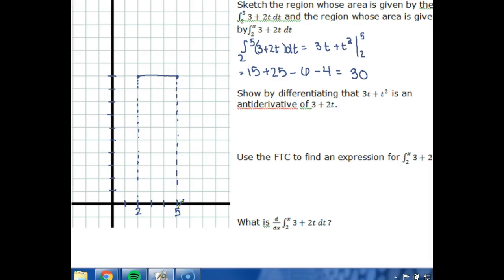We're just trying to sketch the region whose area is given by that. So the area we got is 30. The area of that region would be 30.